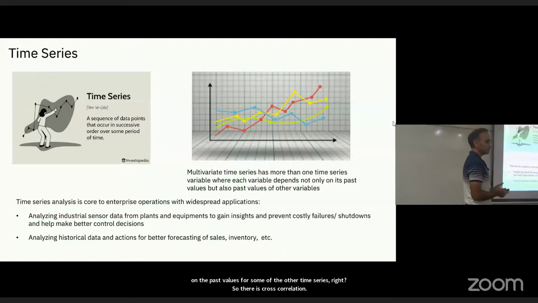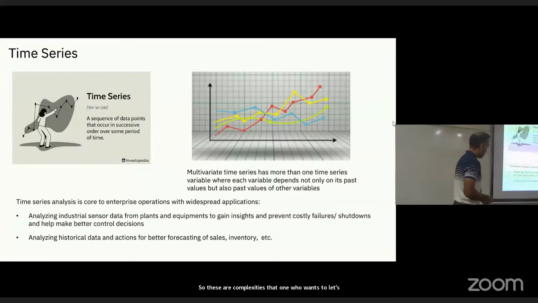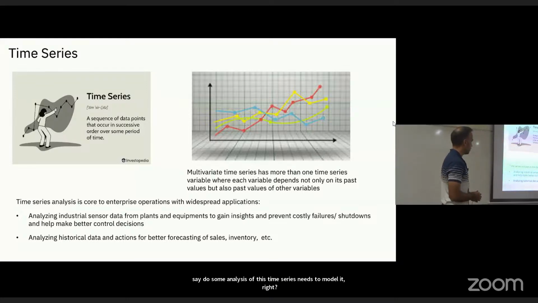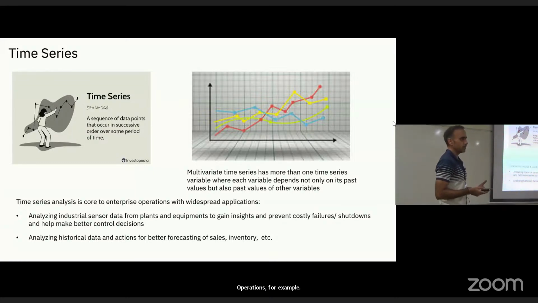These are complexities that one who wants to do some analysis of time series needs to model. Such data and applications are very common in core enterprise operations. For example, in industrial settings, plants and equipment, a lot of sensors are installed and you collect a lot of data at minutely, 5 minute, or 15 minute granularity.